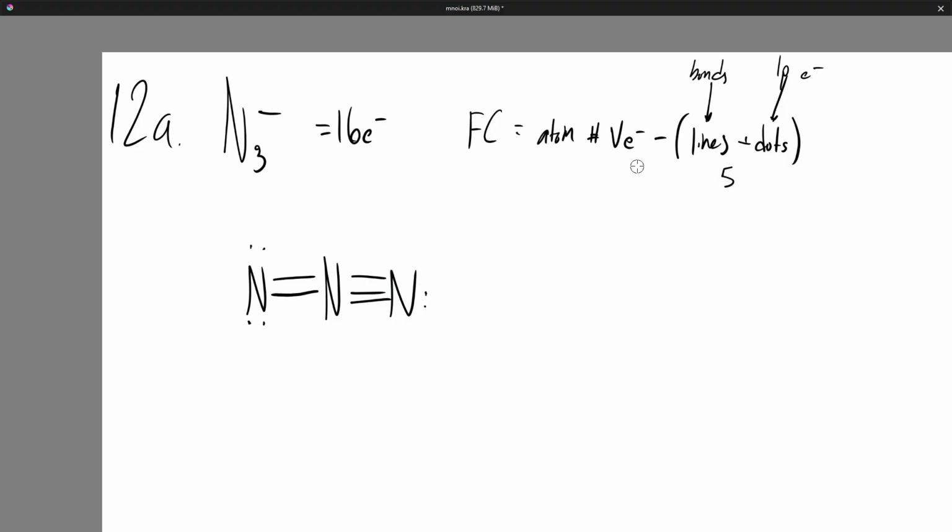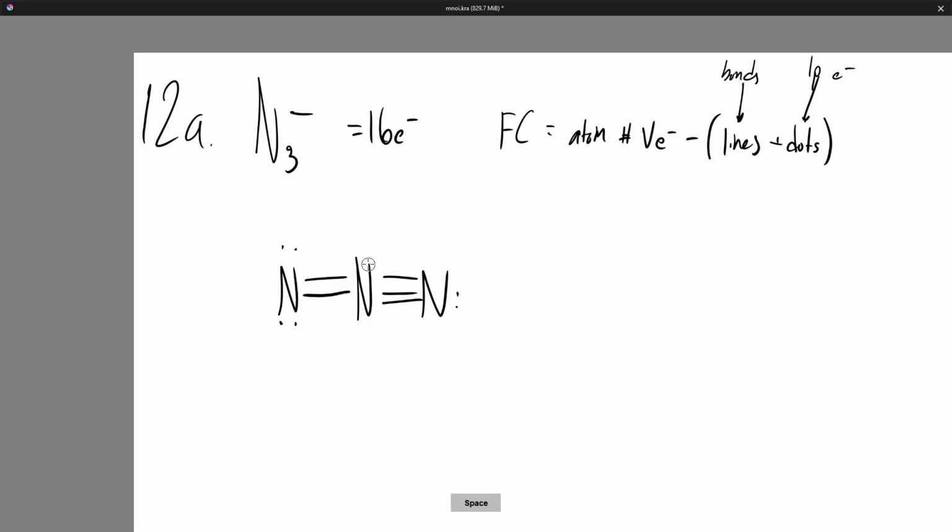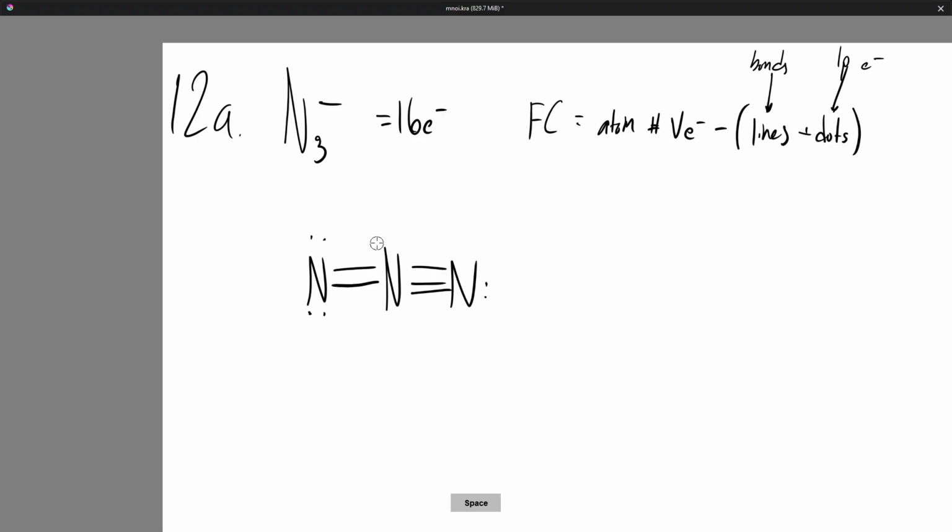See, nitrogen has 5 valence electrons, so the charge is 0 right here. So that's fine. And for this nitrogen in the center, it's 1, 2, 3, 4, 5. 5 as well, which means it's charge neutral as well.